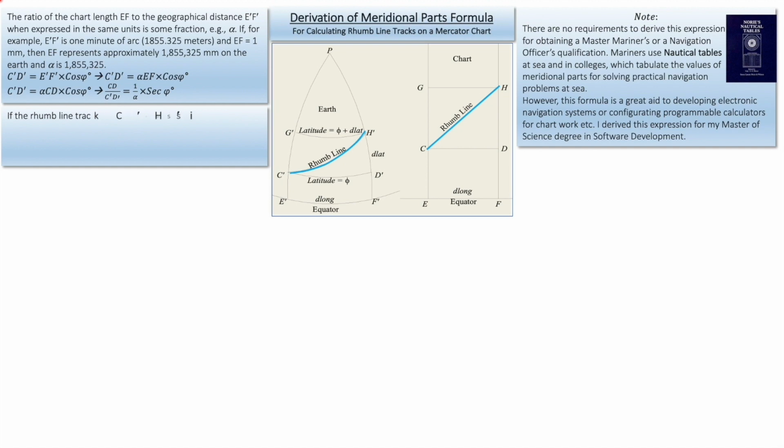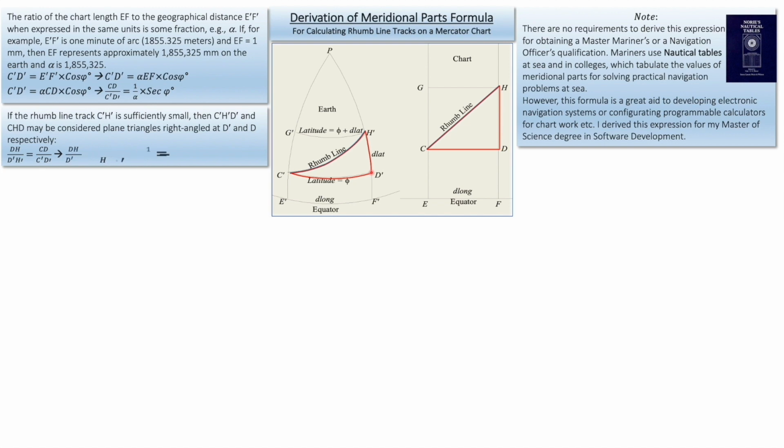If the rhumb line track C prime H prime is sufficiently small, then the two triangles C prime H prime D prime and CHD may be considered plane right angle triangles at D prime and D respectively. These are two similar triangles, therefore the ratios of their tangents will be equal.